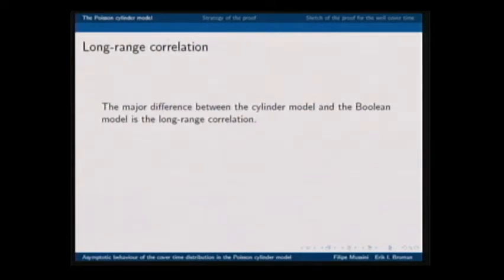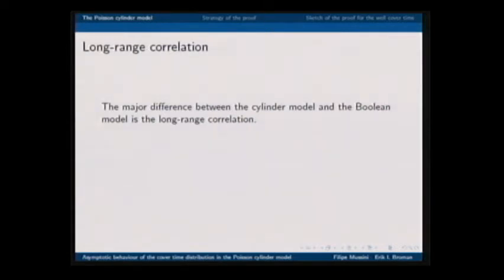So one of the challenges of this kind of problem is what we call long range correlation. In the Euclidean space, if you have disjoint sets and you have information on a cylinder hitting one of those sets, then you might have information on the cylinder hitting the other set.